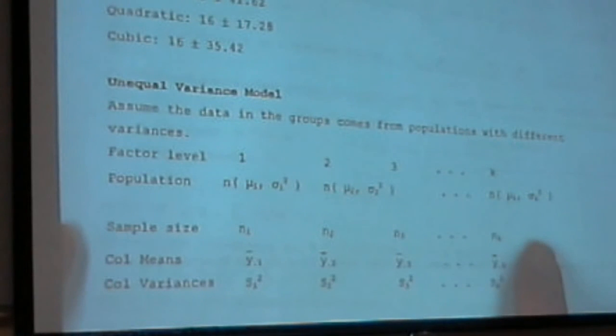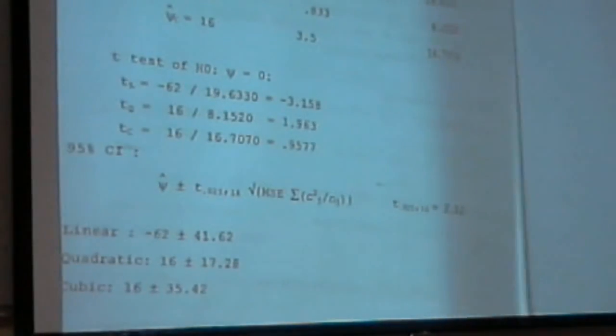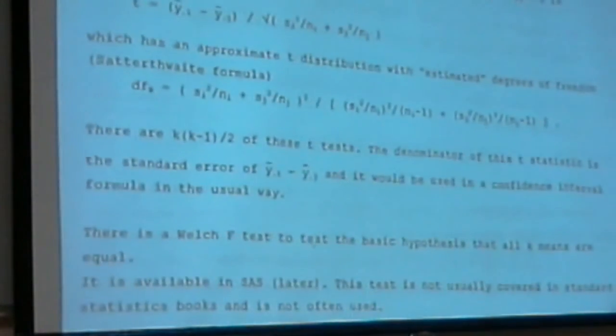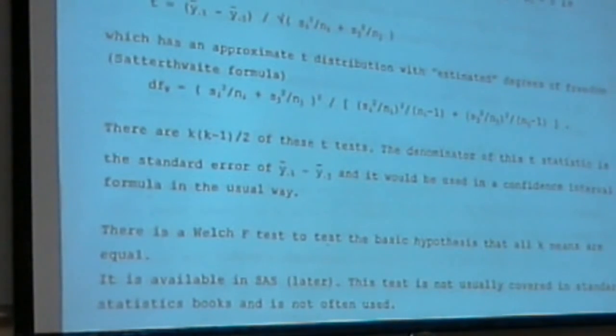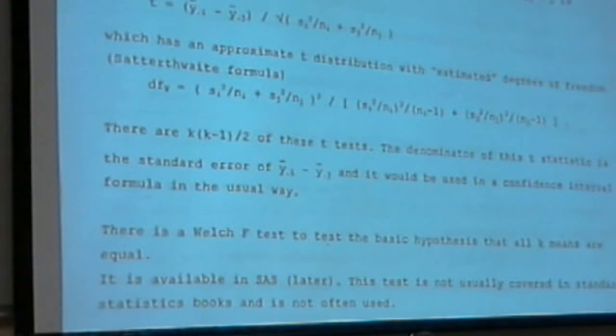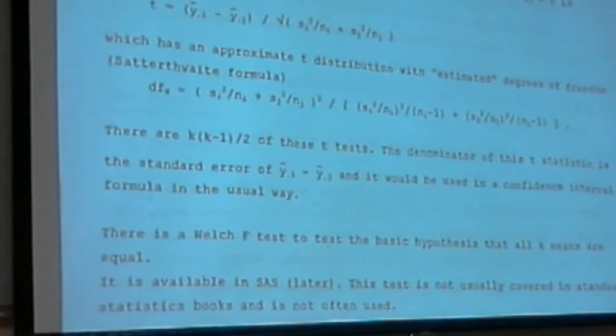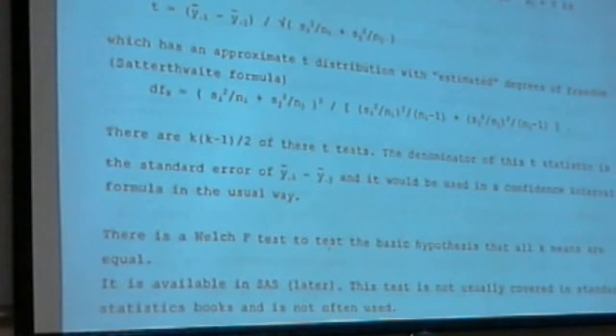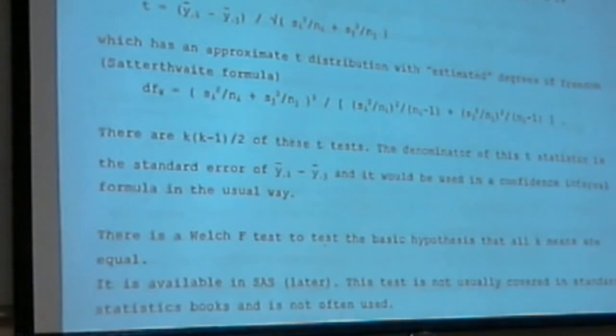The sample variances are denoted by these S squares. So that led us into Levene's test for testing the hypothesis that the variances were in fact all equal. So we continue with this unequal variance model, and kind of ignore that hypothesis about the variances and turn to this.